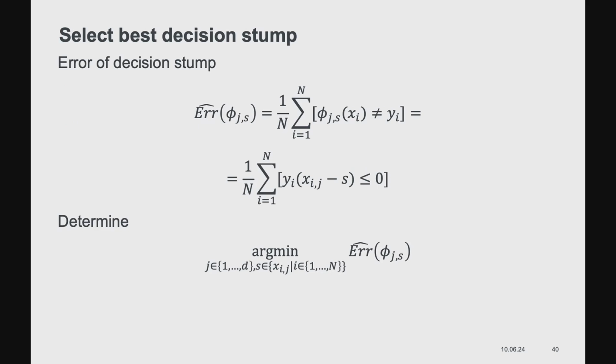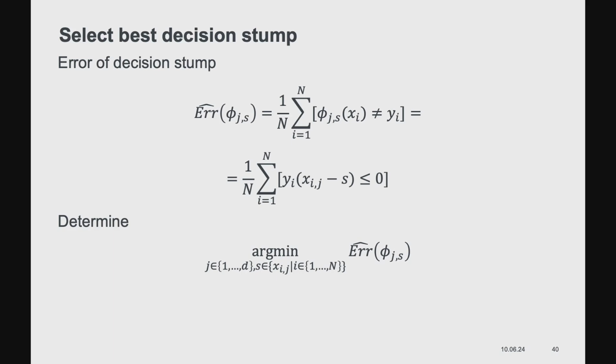And when we do this, we get a certain error rate. So the error rate for this decision stump, how is this computed? Well, we go over all data points, data point 1 to n, and divide by the number of data points. And this is a test, and the test is either 0 or 1. And we check whether this decision stump makes a correct prediction. If it makes a correct prediction, then this is equal.